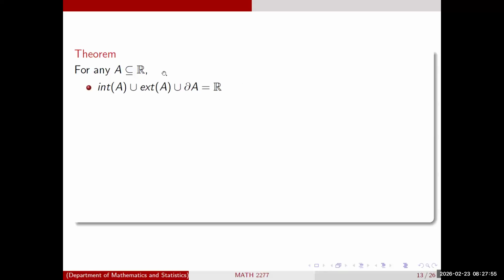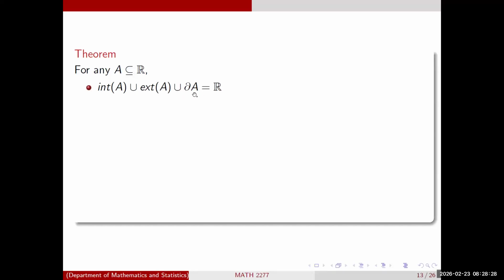We're using this result. Substitute for the set E the rational numbers, Q. So the interior of Q union the exterior of Q union the boundary of Q equals R. The interior is the empty set for the rationals, the exterior is the empty set, so empty set union empty set is empty set. Empty set union the boundary.